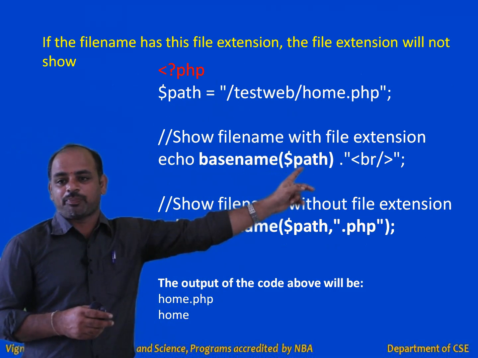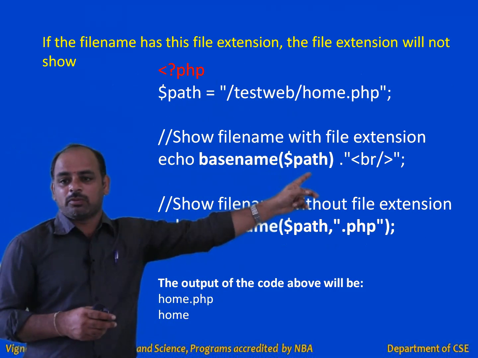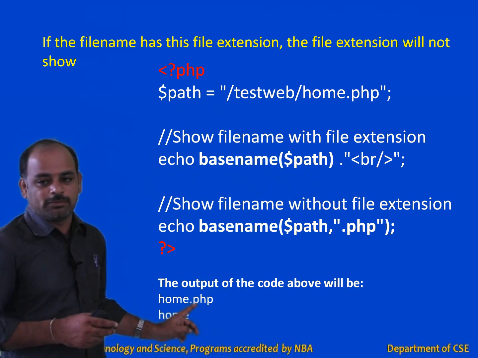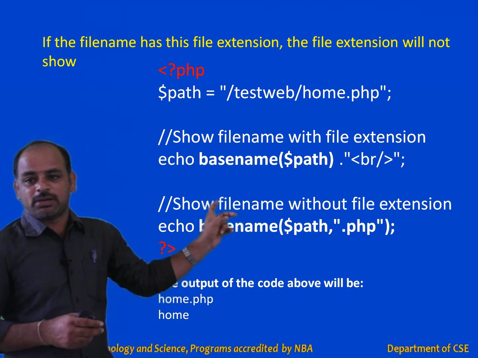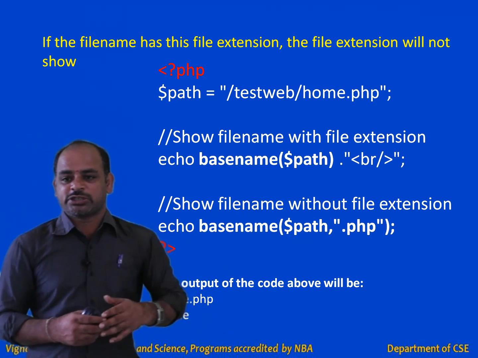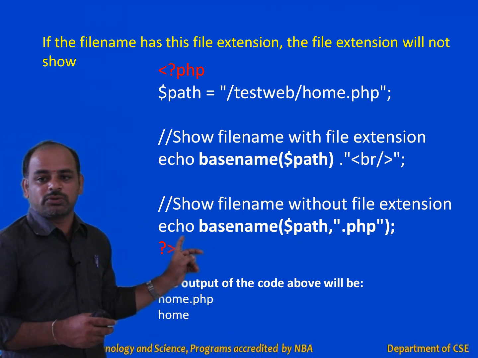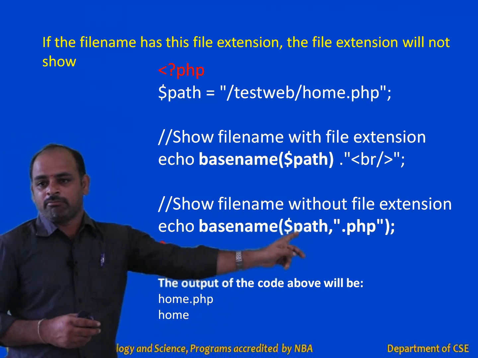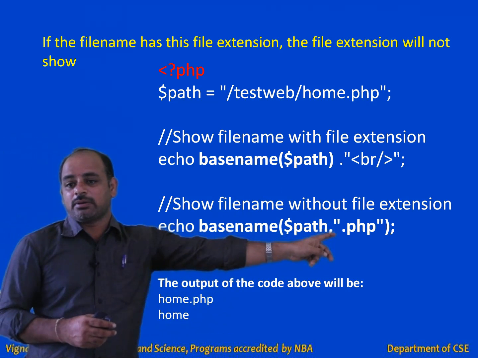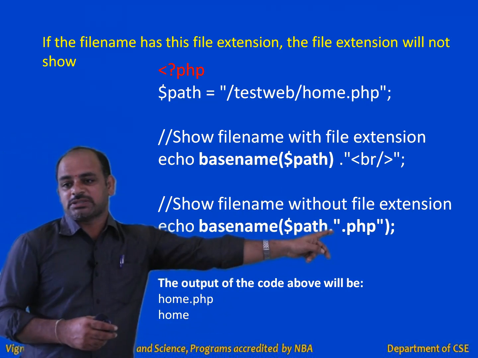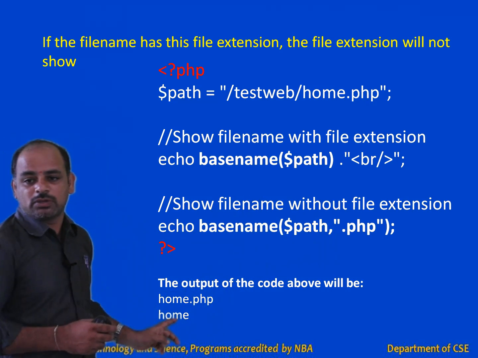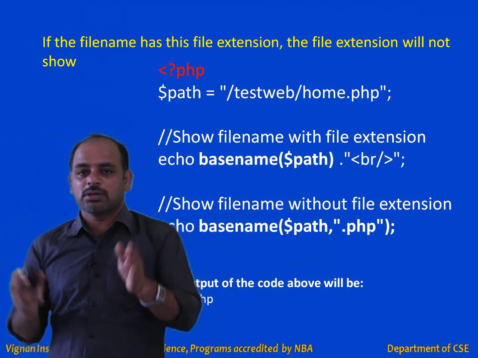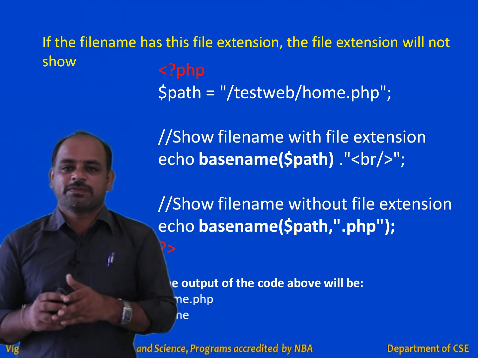When you give only the one parameter, path, you can see the output home.php is displayed. Similarly, to show the file name without the file extension, we have to use the second parameter of the basename function. Echo basename of the path, with the file extension .php. In such a case it returns only the name of the file. The extension will not be returned because you have already given the suffix value.